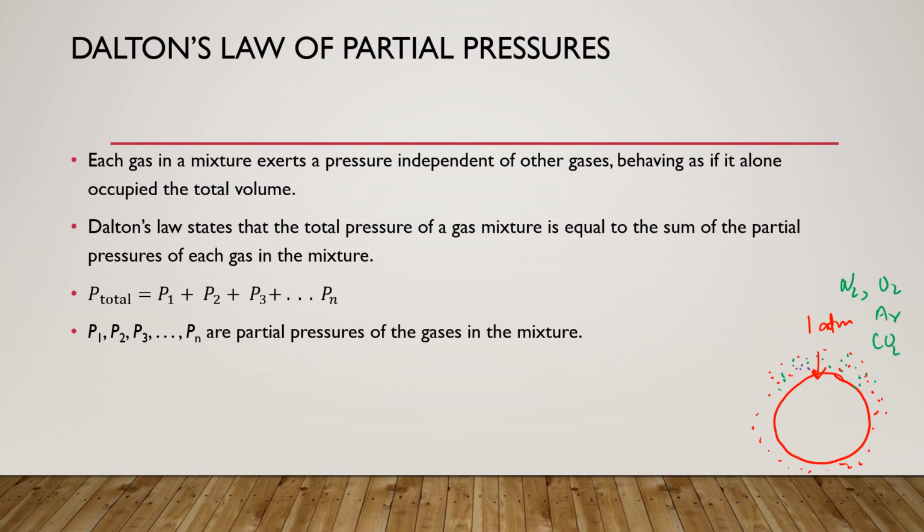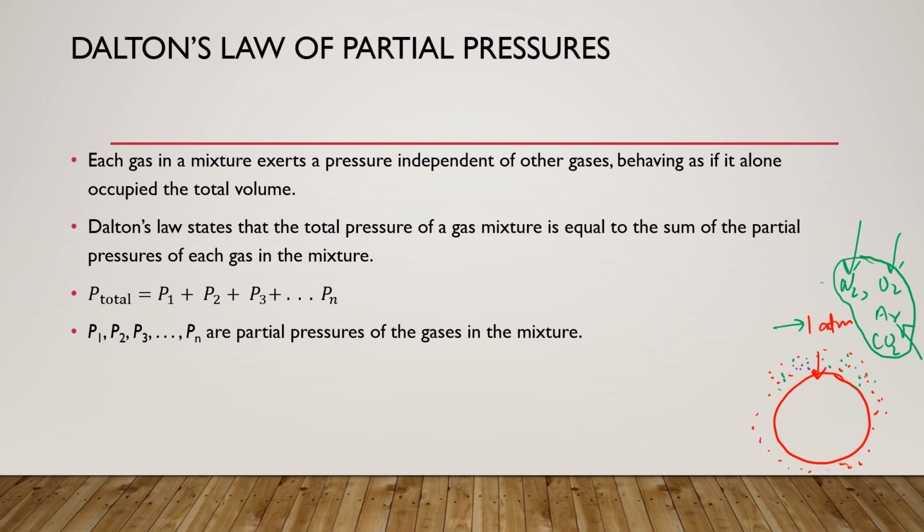Now when we have a mixture of gases and their combined pressure is known, for example in the atmosphere, all this mixture of gases exerts 1 atmosphere pressure, then how do we know the pressure of each individual component of the gas? Okay, so together we know that all these gases exert 1 atm of pressure, but what is the individual pressure of each of these gases? Do they all exert 1 atm or less than 1 atm? How do we know?